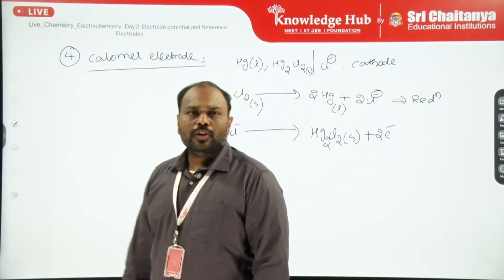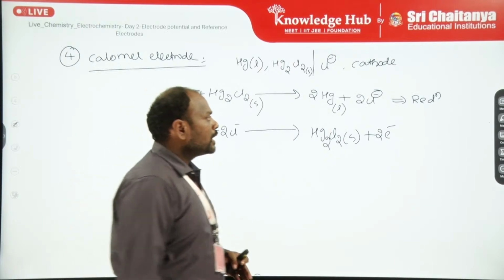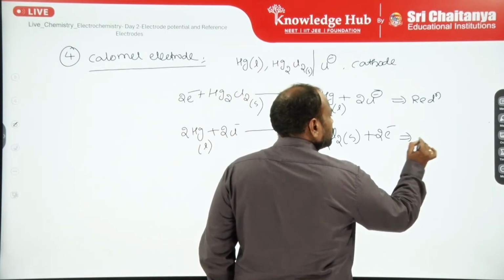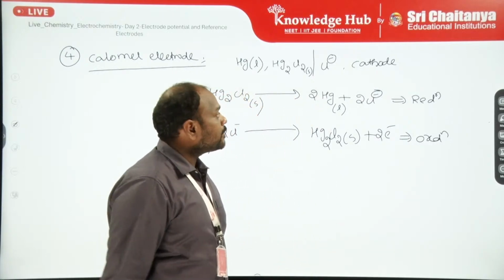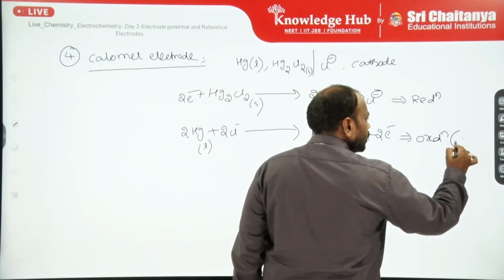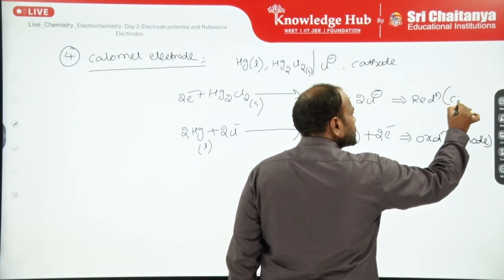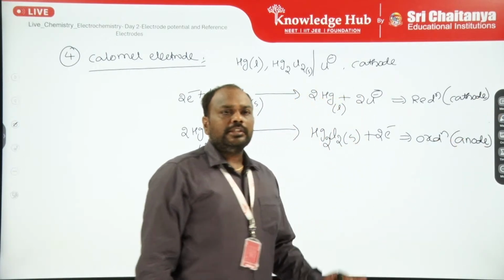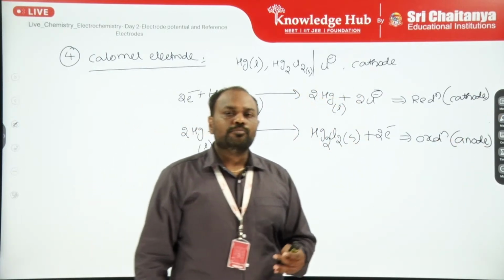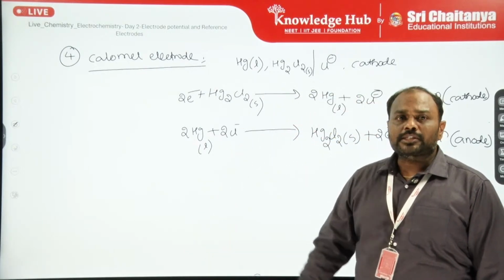Losing of electrons is known as which one? Oxidation. Oxidation reaction takes place at which one? Anode. So it can act as anode, also it acts as cathode. So in this way, this reference electrode is also acting as both cathode and anode. In this way, we get these reference electrodes.